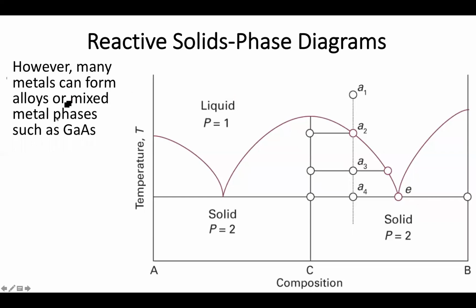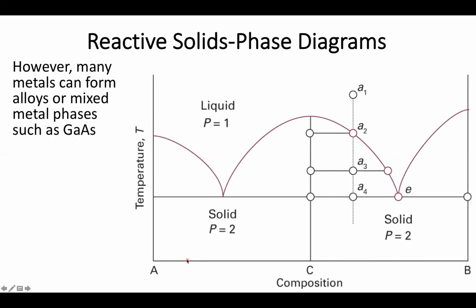And a classic case is, say, something like gallium arsenide, which actually is a fairly useful species when you're talking about semiconductors, as gallium arsenide is a very popular semiconductor species and has some promise in the use of solar cells. However, it's also going to be generated by having a 50-50 composition of gallium and arsenic.